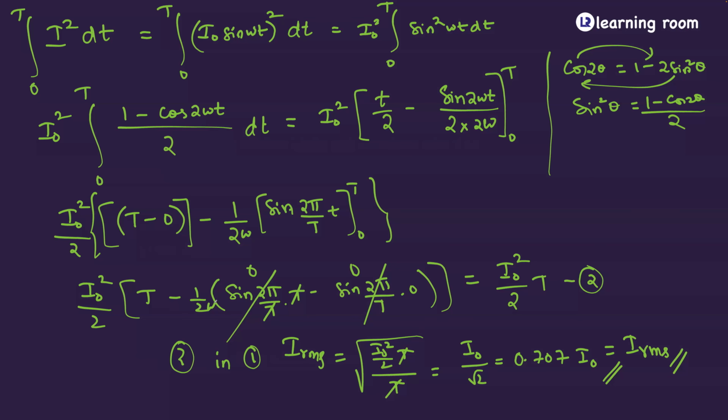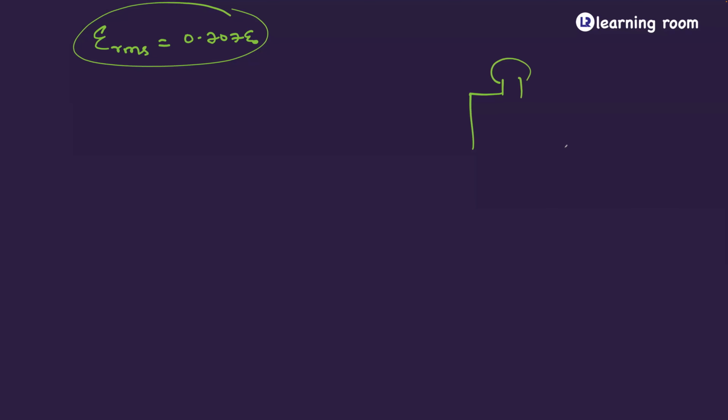Listen to this. So the logic here is when IRMS is equal to 0.707 times I naught, ERMS will be how much? 0.707 times E naught, right. So if you look at this bulb, which we discussed in the previous case, suppose this is working at 230 volt DC.